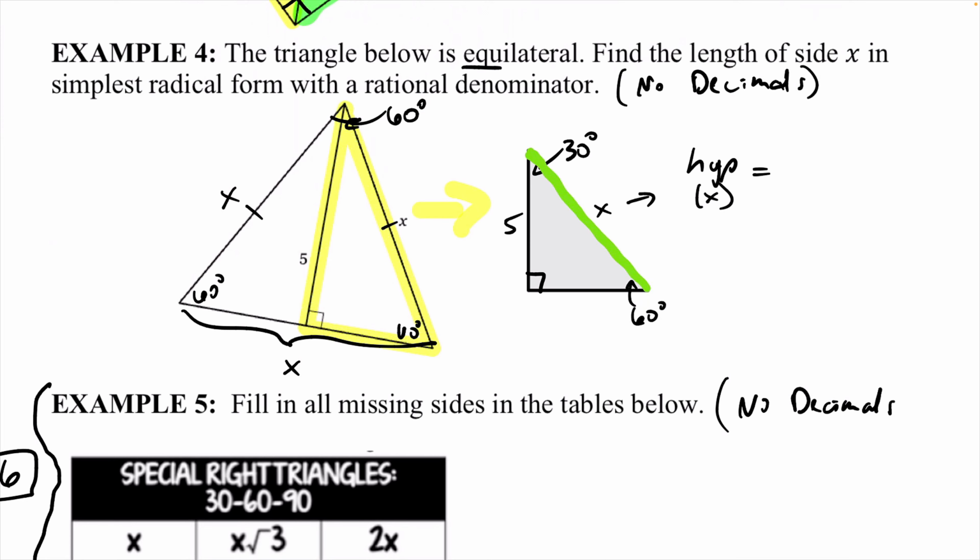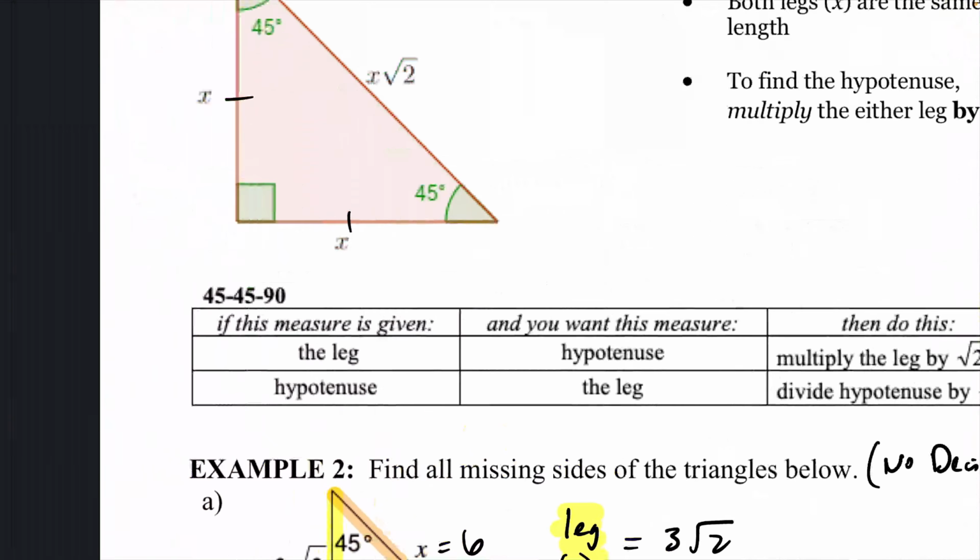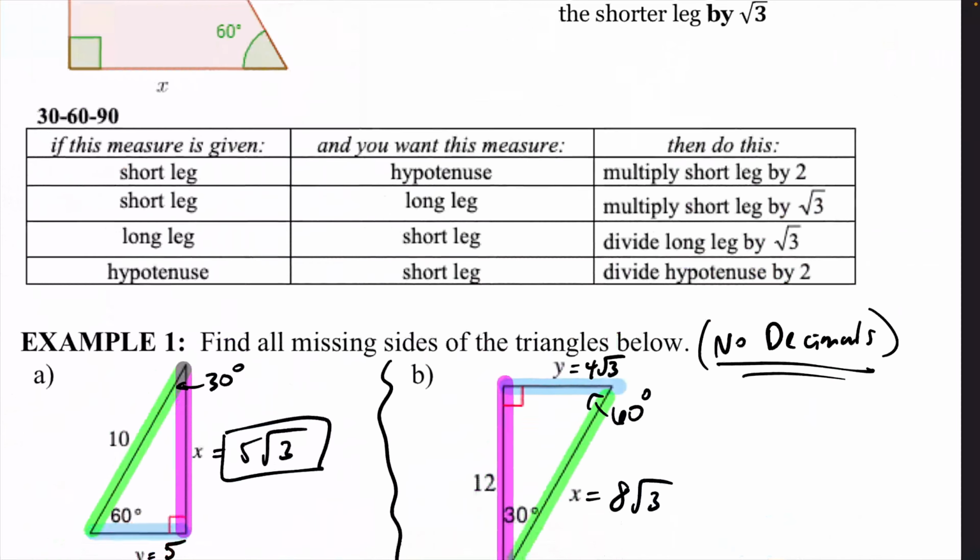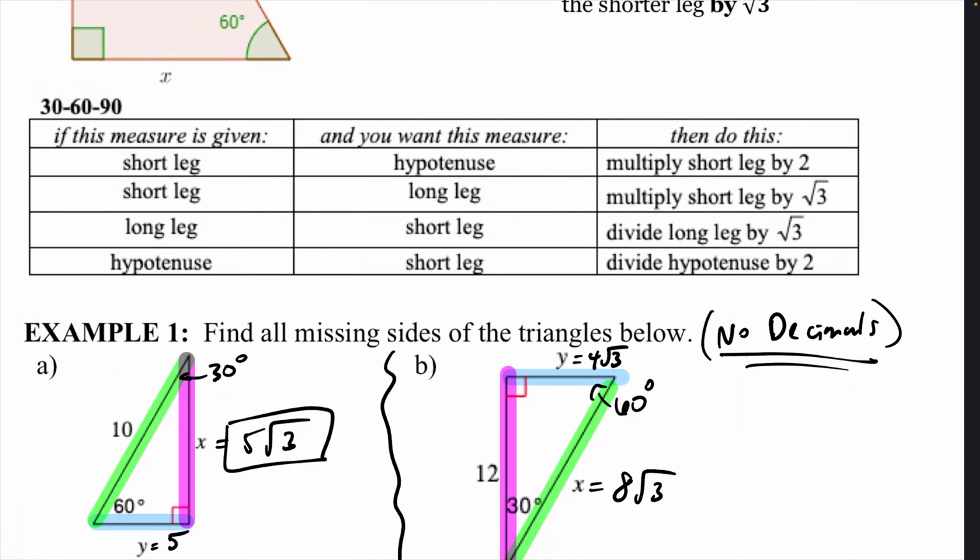If I know the long leg, is there any way for me to go from the long leg to the hypotenuse? No, I can't make that jump. I can only go from the long leg to the short leg, and then from the short leg to the hypotenuse. So I got to take a medium jump. I can't make the big jump. I got to go from point A to point B and then get to the last one, okay?